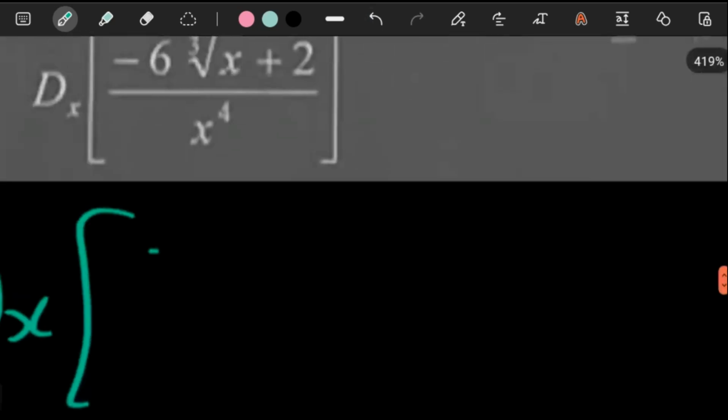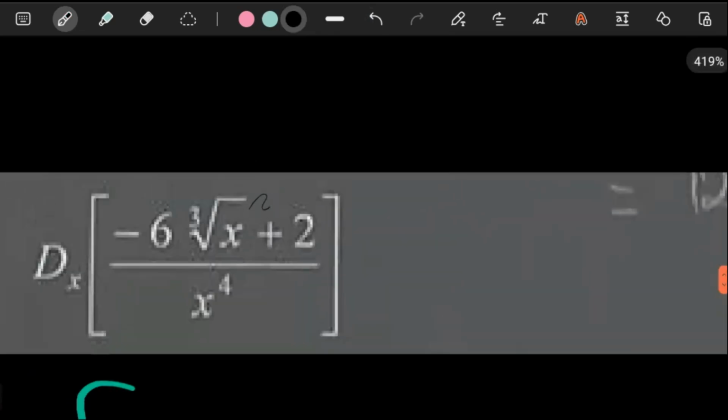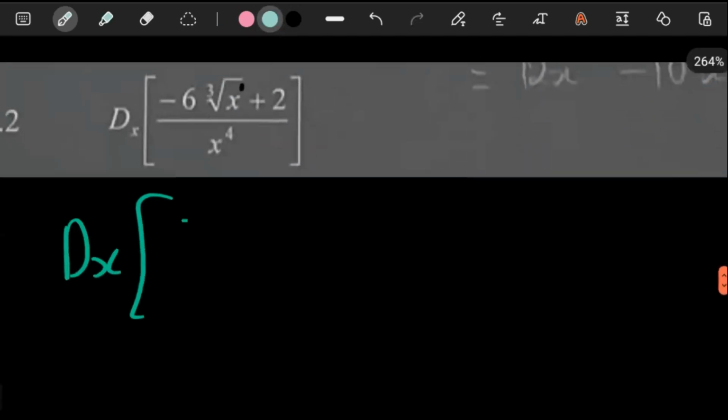You move on. Here, for 4 marks, you have to simplify first. So simplifying here, you have to put everything under individual denominators. This 3 here, remember there's technically a tiny 1 there, so this 3 goes under the 1, and you're going to have x to the power of 1 over 3, and then plus 2.